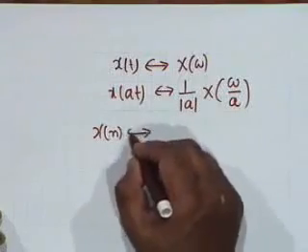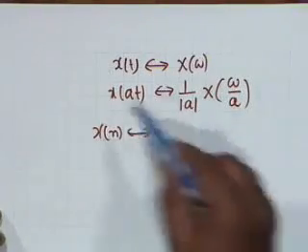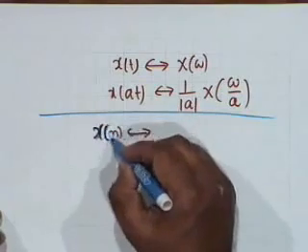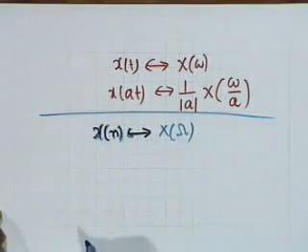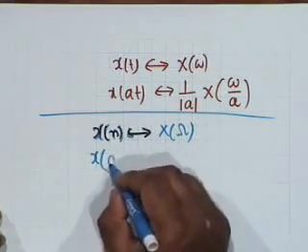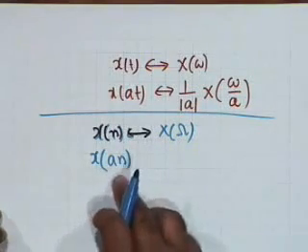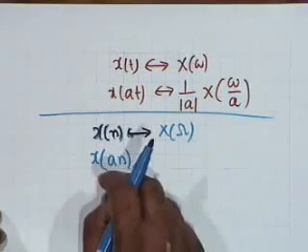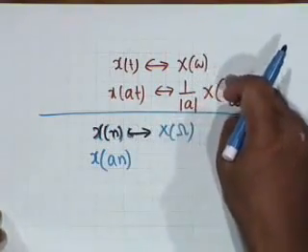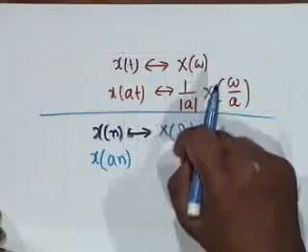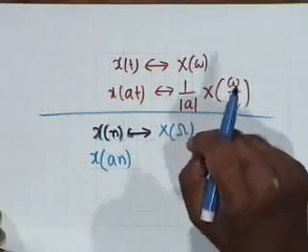In the discrete time domain, there is nothing called stretching, because in the discrete time domain, if x of n transforms into capital X of omega, then x of an does not have a meaning unless a is an integer, and therefore this property cannot be brought into the discrete time domain in toto.